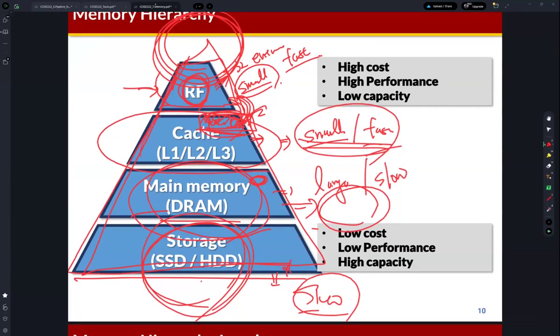The best memory is located near the processor, but the size is small. So we can select a part of the data, and this part of the data can be stored in the smaller and best memory. By doing this, we can improve the performance, right? So this is the idea of memory hierarchy.